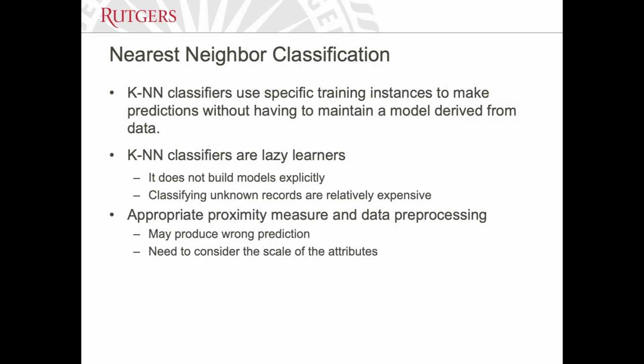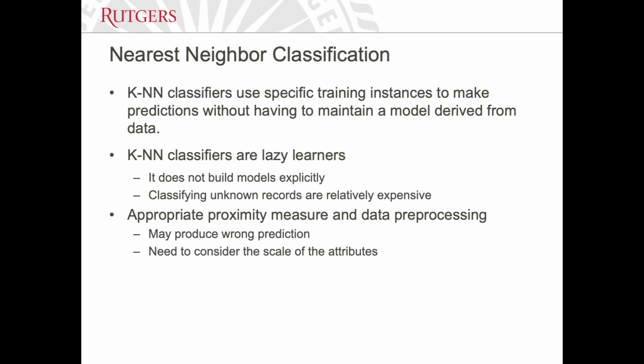So to summarize some characteristics of KNN: first, KNN classifiers use specific training instances to make predictions without having to maintain a model derived from data. The algorithm requires a proximity measure to determine the similarity or distance between the instances, and a classification function, so we can get a predicted class of our test instance based on its proximity to other instances.